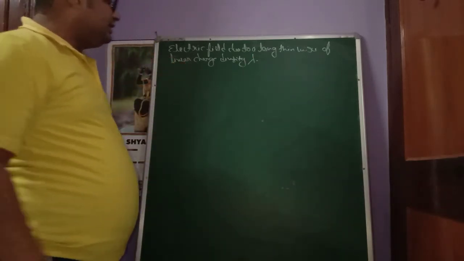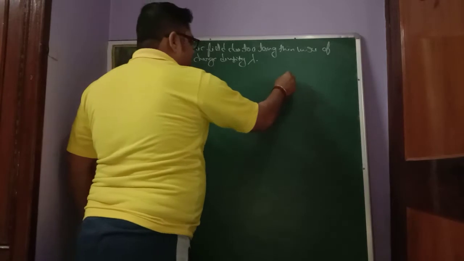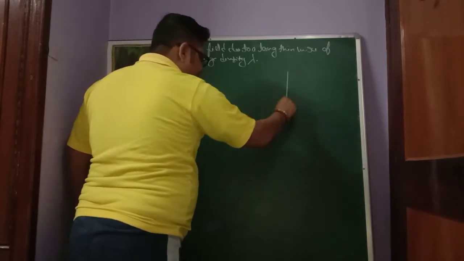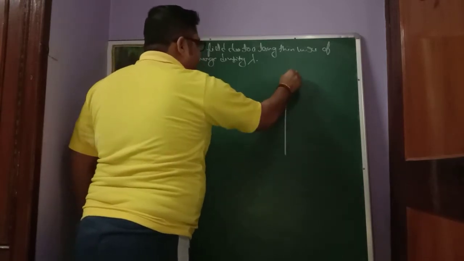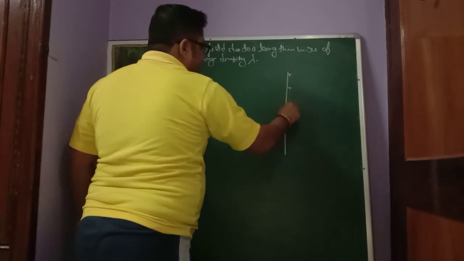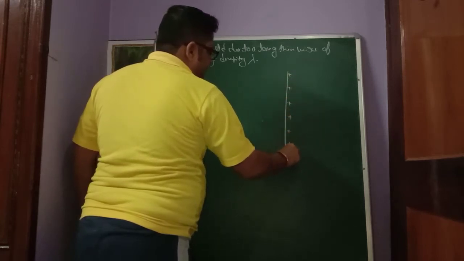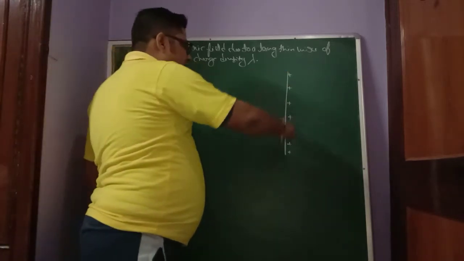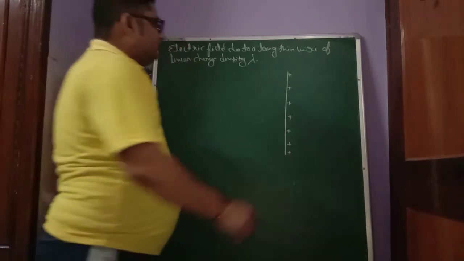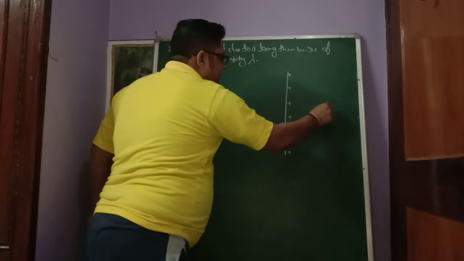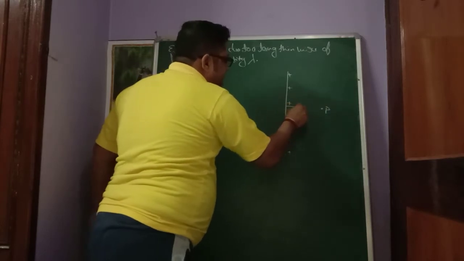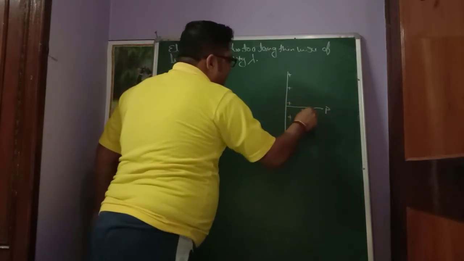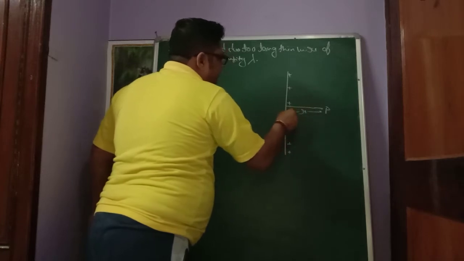We have to calculate the electric field due to a wire. Suppose this is a wire on which positive charge is spread. We have to calculate the electric field due to this thin long wire at a point P, which is at distance R from the thin wire.